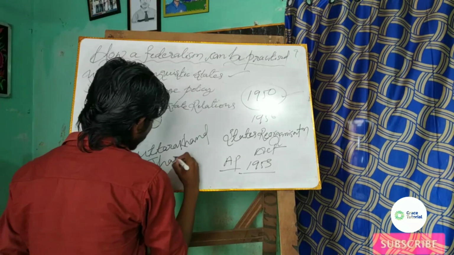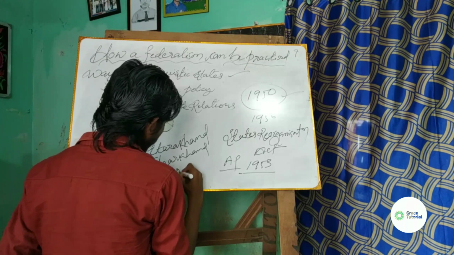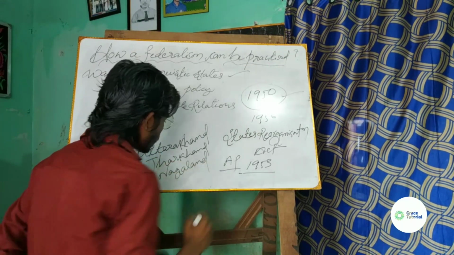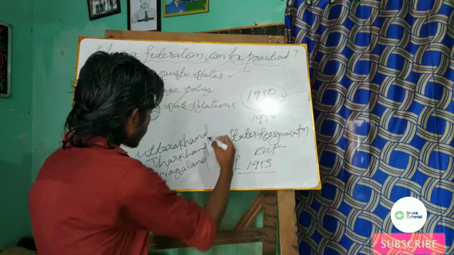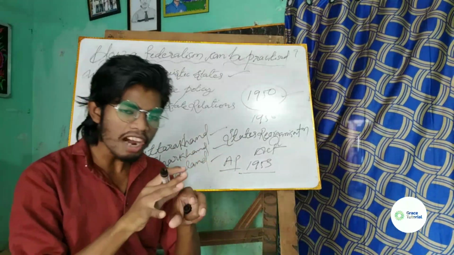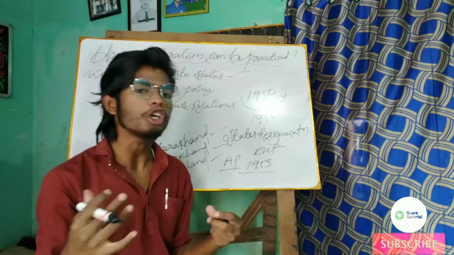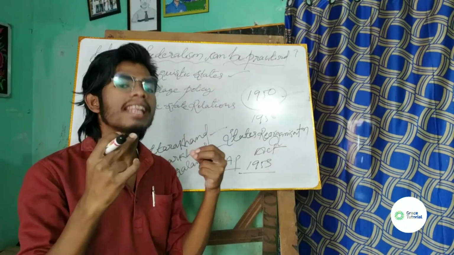States like Uttarakhand, Jharkhand and Nagaland. These states were created on the basis of their ethnicity and culture, but not on the basis of language.